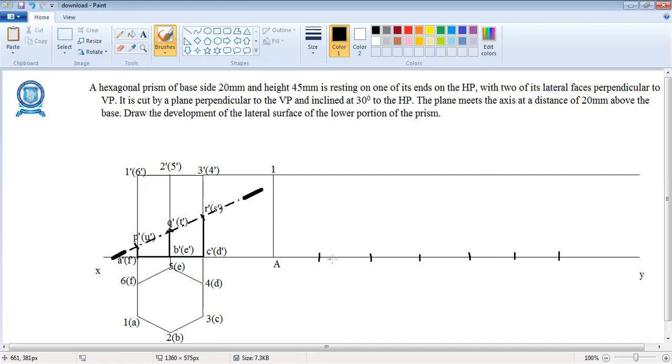The distance between these lines is 20 mm, the given side. For a hexagon, we cut 6 continuous arcs. If a pentagon were given, we would cut 5 continuous arcs. According to the side, we divide this line.